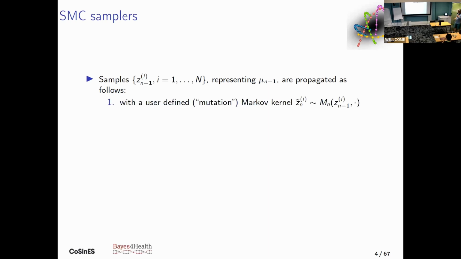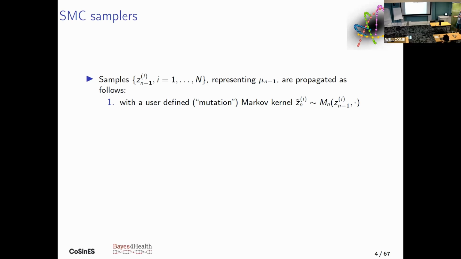Okay, so the way we are going to move from samples that represent mu n-1 to samples that represent mu n is first by mutating the samples at time n-1. So basically, we've got a mutation Markov kernel, typically, that is going to be centered at each of the particles for simplicity. And basically, you sample a Zn tilde from this kernel distribution.